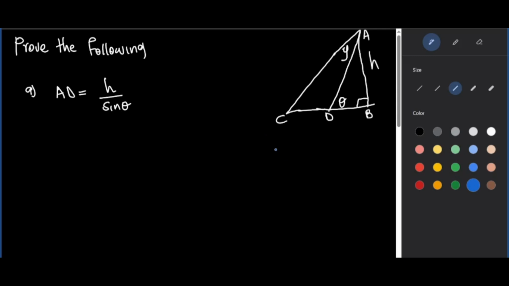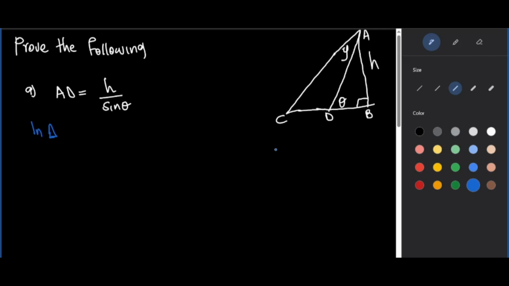Can you see that AB is a common length of two triangles, ABD and ABC?